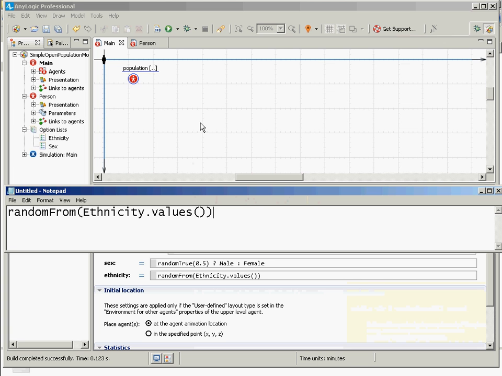Yes, a question. If you want to impose different proportions... Oh, yeah, right. So here we're drawing with uniform probability. Suppose we didn't want to draw it with uniform probability.